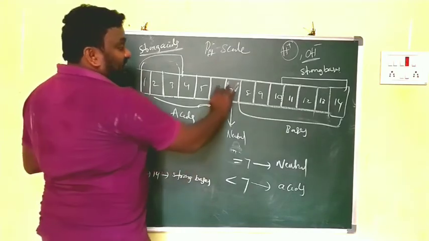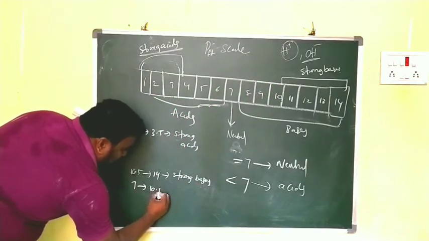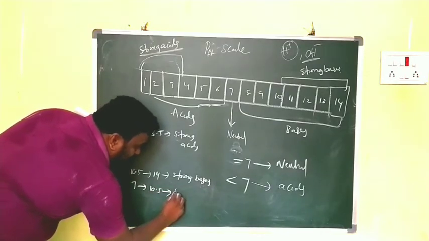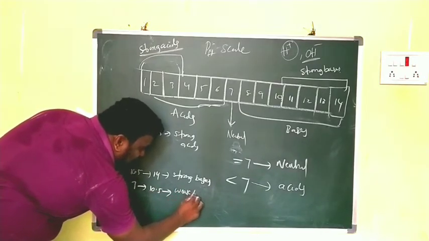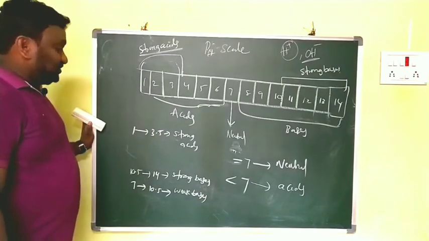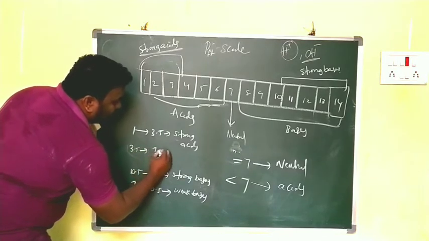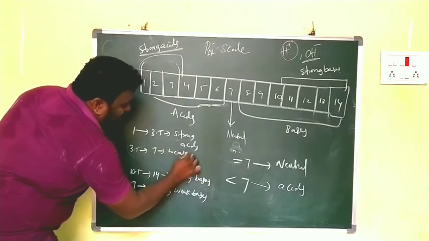And 7 to 10.5, what do we call it? Weak bases. And now 3.5 to 7, what do we call it? Weak acids.